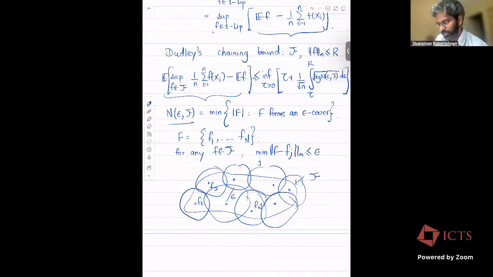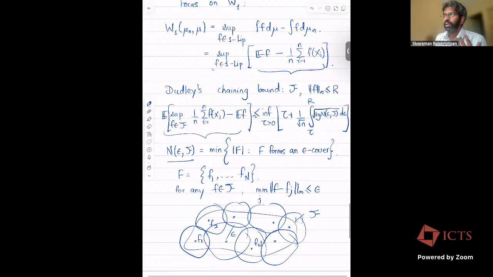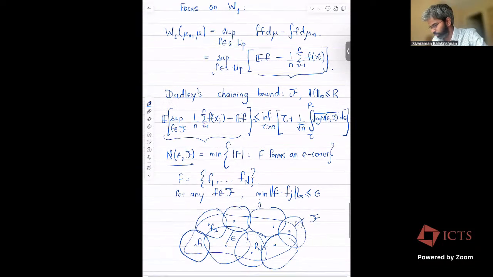Yes. And almost every bound in the analysis of empirical risk minimization and so on will pass through some argument like this at some point. So if you want to do something like a union bound over an infinite collection, at some point you will invoke some argument that looks like this chaining bound.